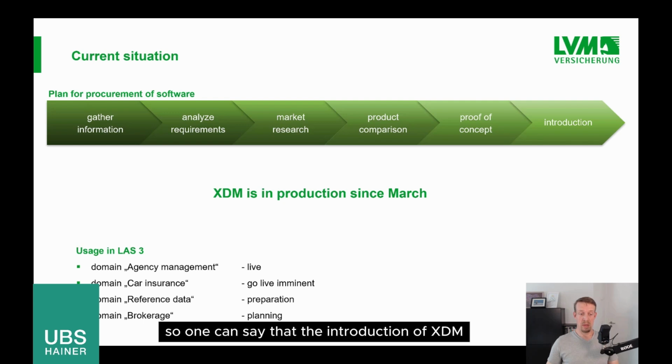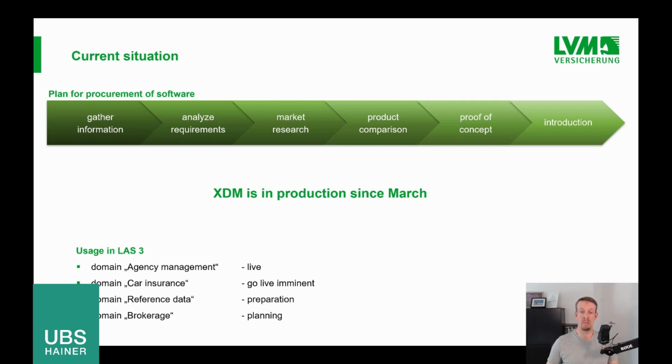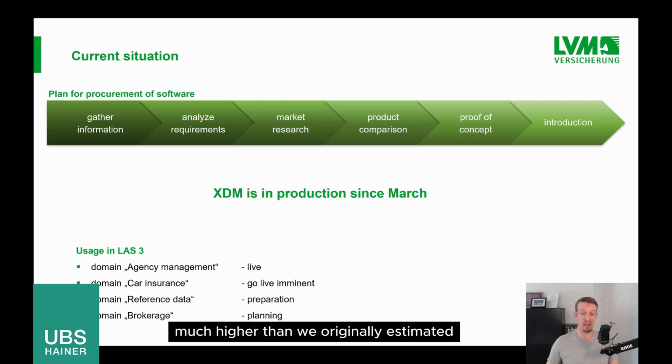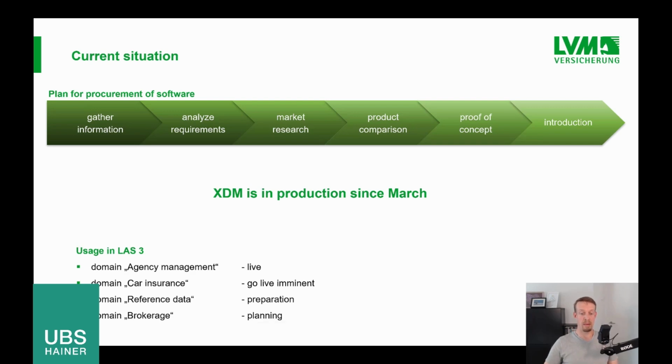So one can say that the introduction of XDM generated a huge pull factor, much higher than we originally estimated, as more and more domains want to switch from VSNR test to XDM far beyond plan.